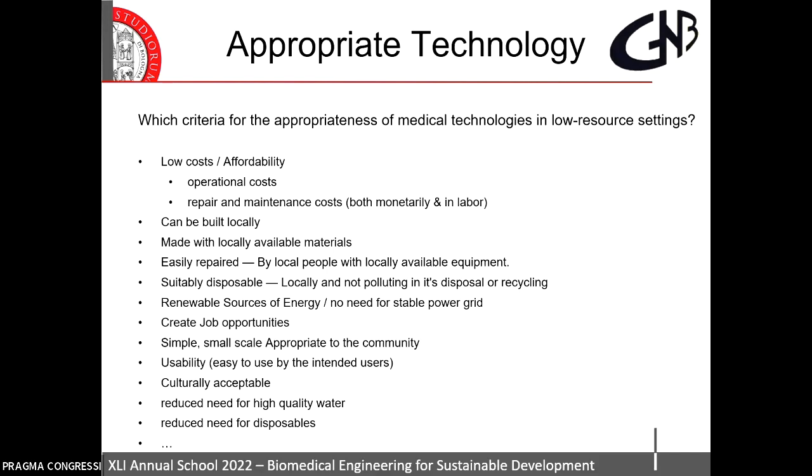Suitable disposal, not polluting in its disposal or recycling, even better. Using renewable sources of energy, and in general, no need for a stable power grid that might not be available. Create job opportunities. Simple, small scale, appropriate to the community.